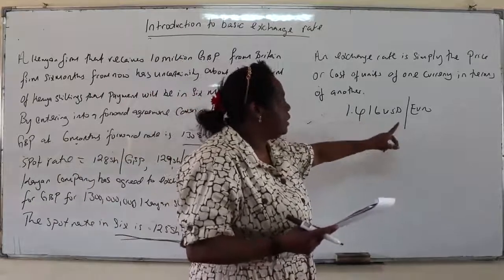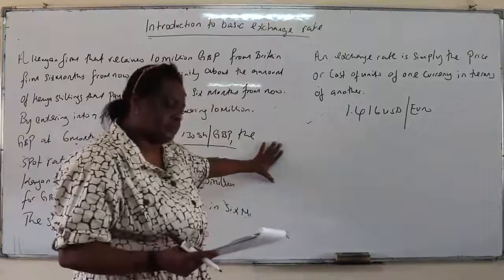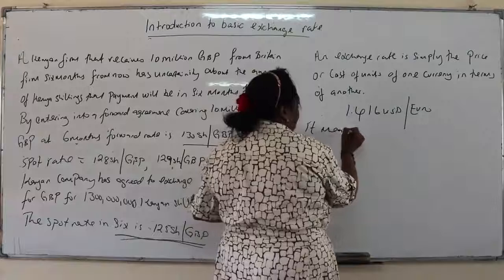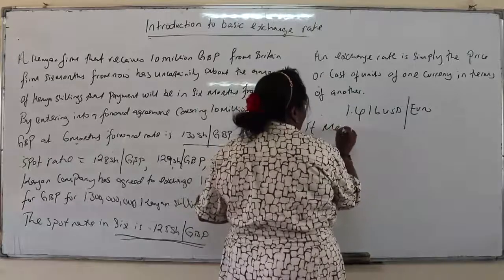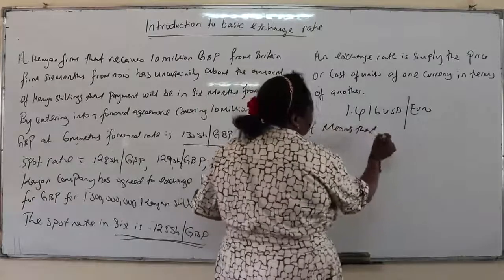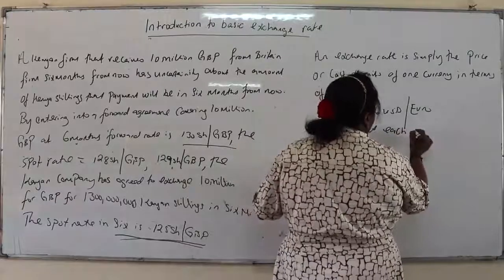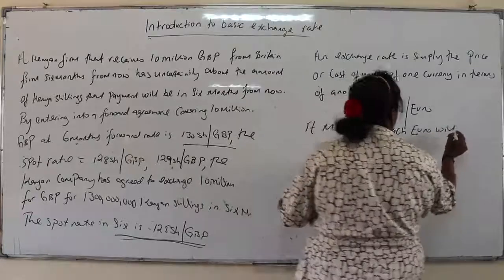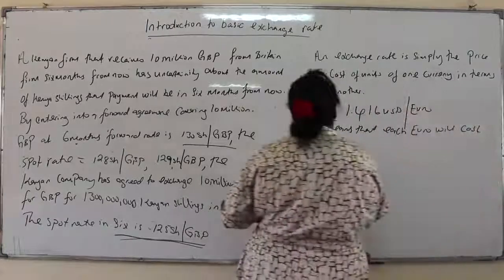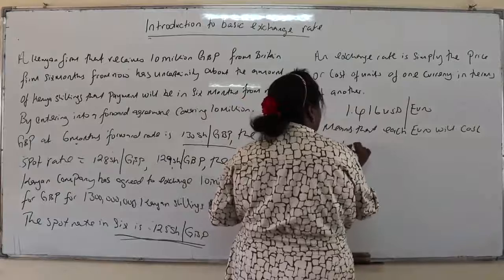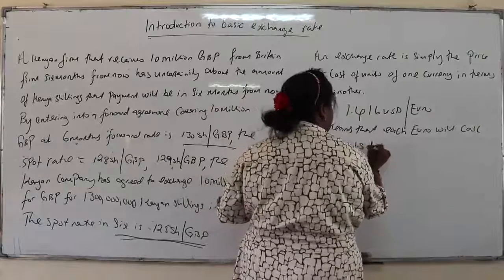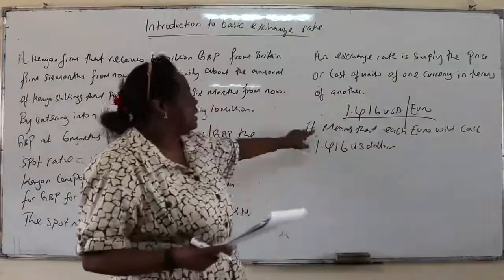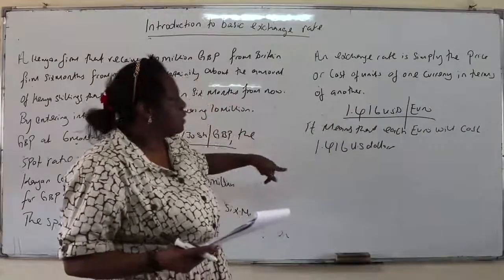It means that each euro will cost 1.416 US dollars.